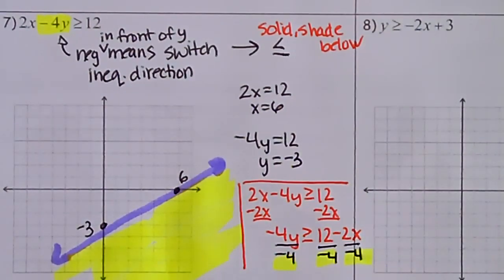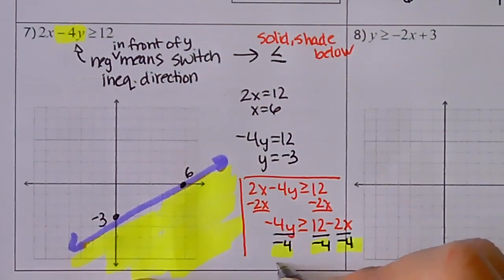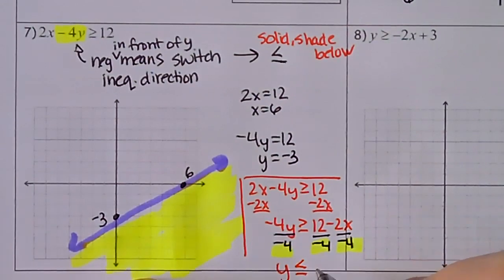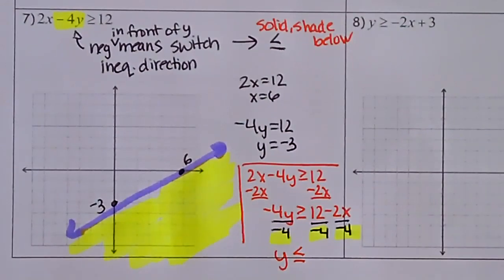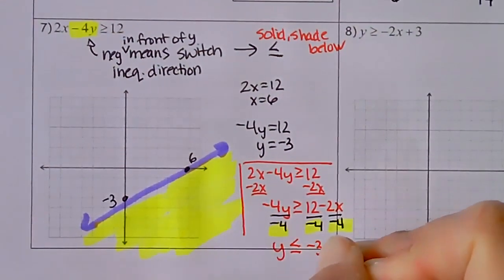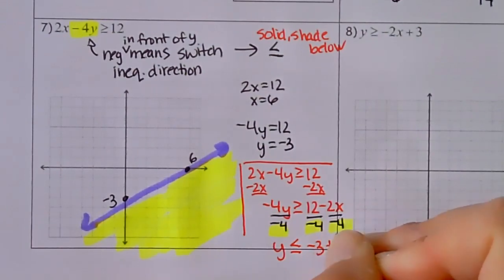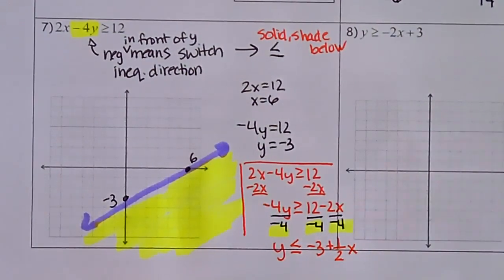Now let me zoom out slightly. So this is going to become y less than or equal to. Again, before it was greater than or equal to. Negative 3, and then this is a positive. 2 over 4 is a 1/2 x.